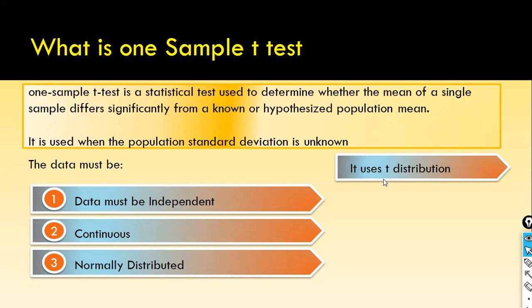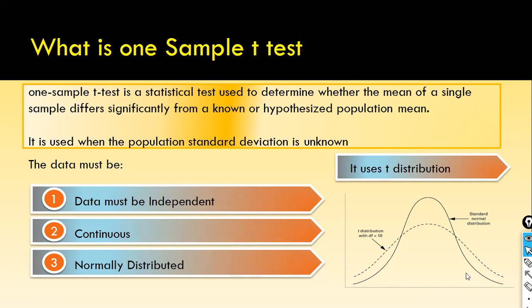And it uses t distribution instead of z distribution, because for the t-test, there is something called t distribution. What is the difference between t distribution and z distribution? At this moment, you just think, the tails are a little bit fatter than the normal z distribution. That is the difference between these two.